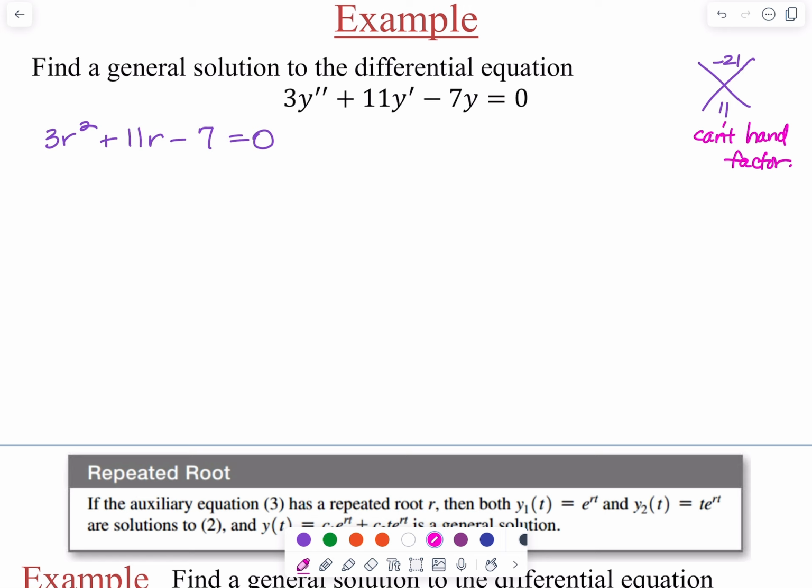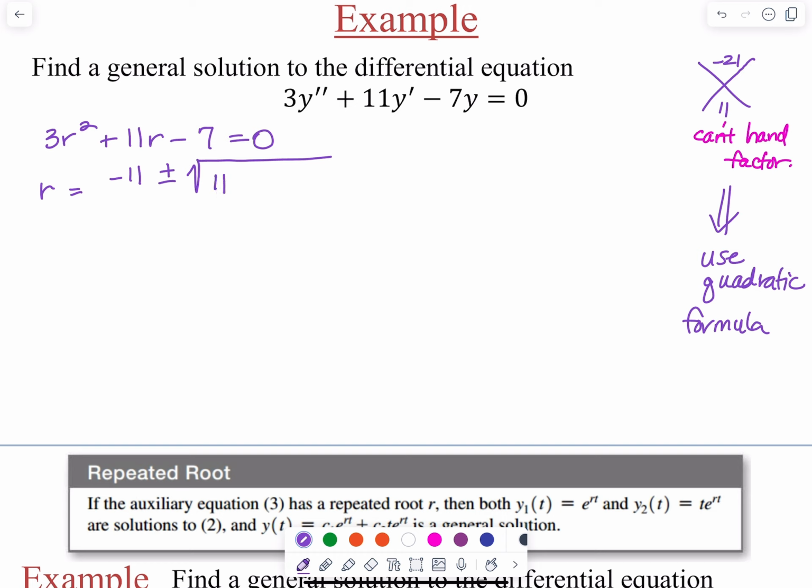So we will use the quadratic formula. We know that r is equal to the opposite of 11 plus or minus the square root of 11 squared minus 4, and a times c is negative 21, all over 2a, which is 6.